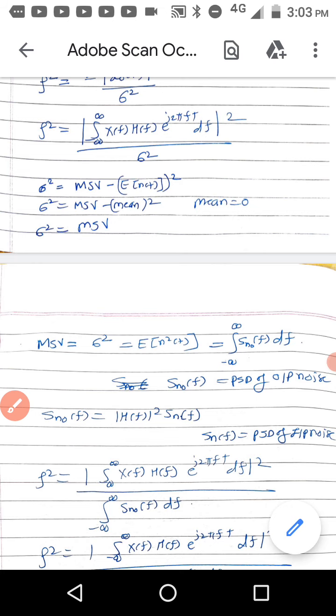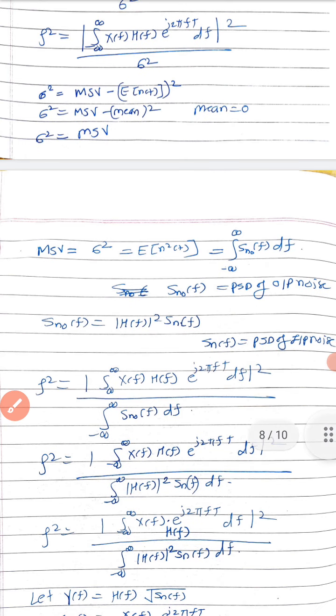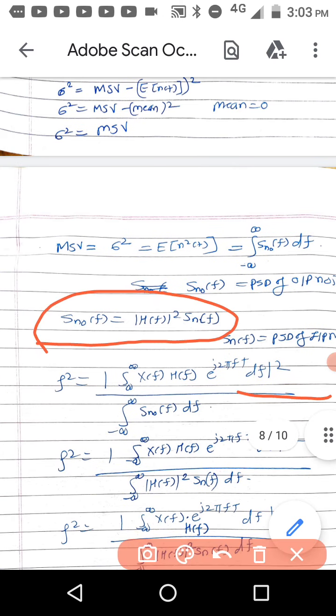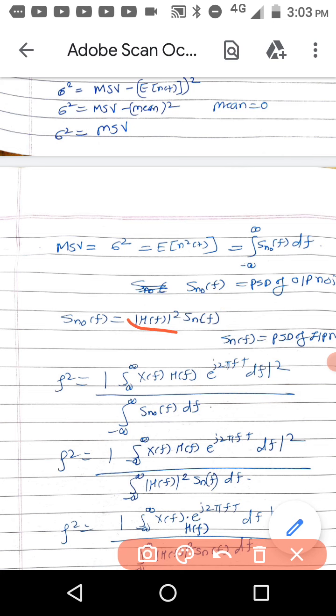We have seen in the video that the output PSD is related to the input PSD as S0(f) is equal to mod H(f) square into SN(f).